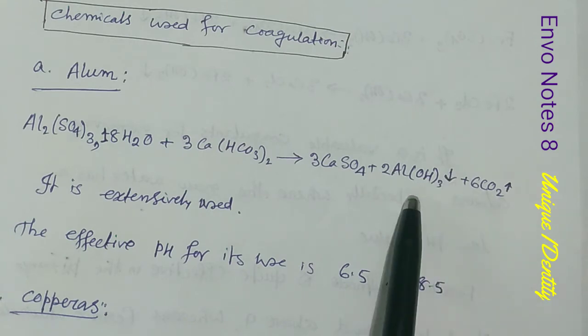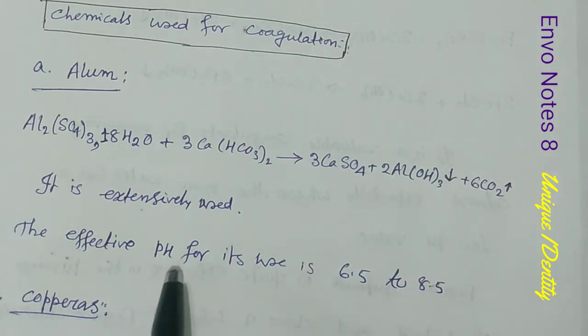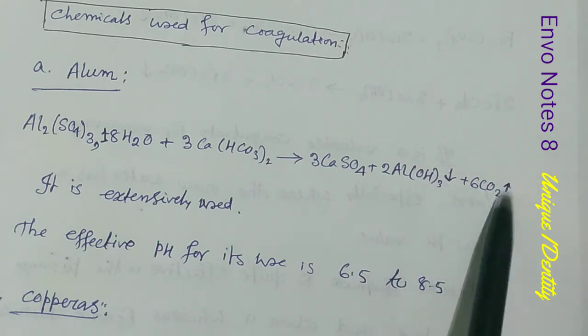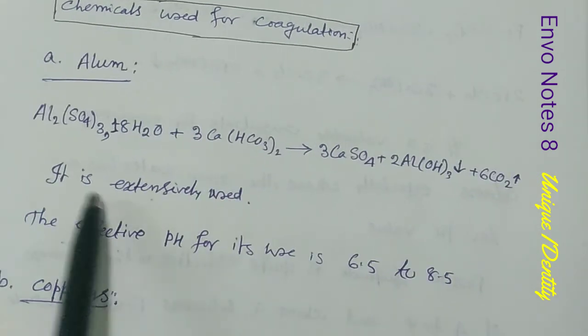So the impurities are removed by precipitation, plus 6CO2, that will be gas, that's why it goes upward.